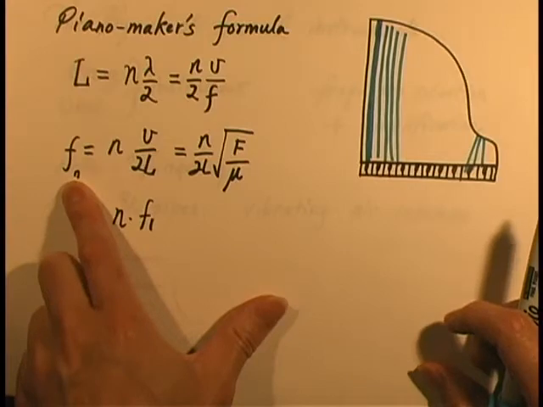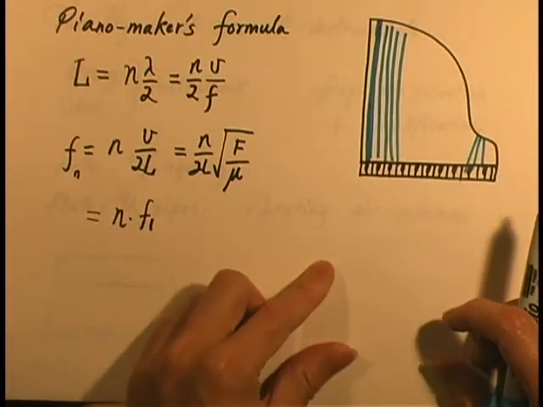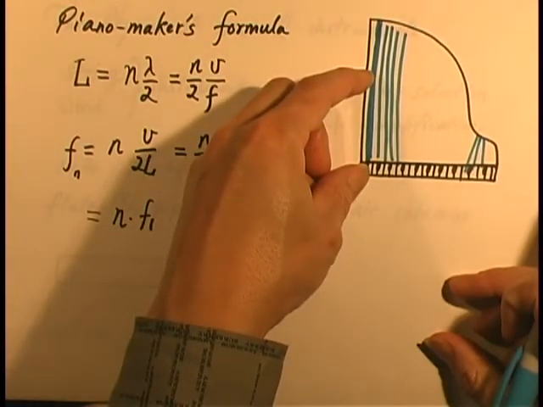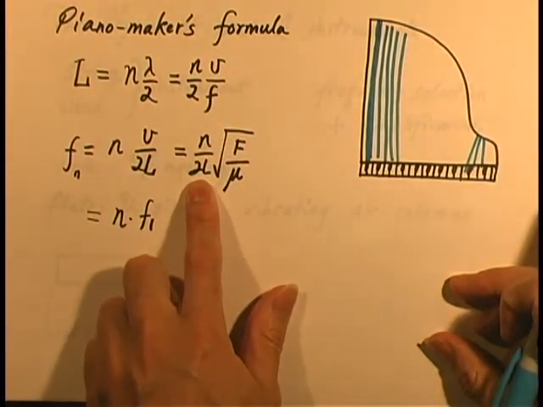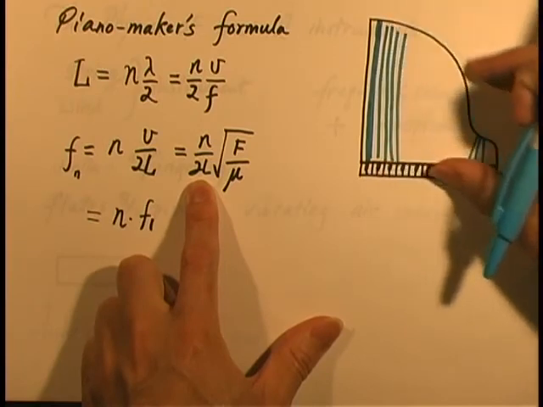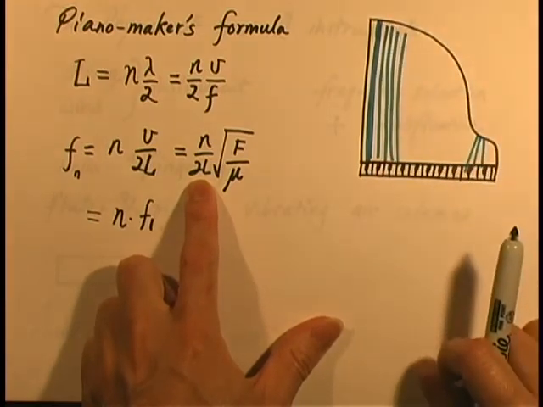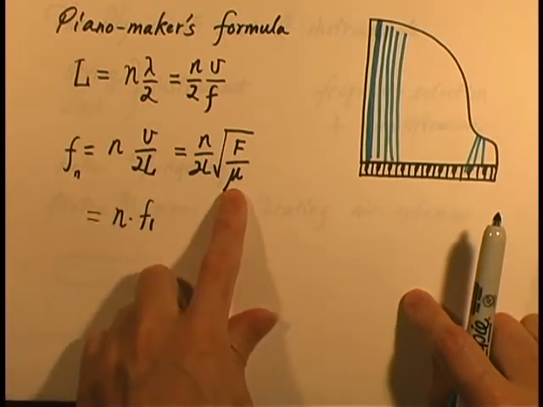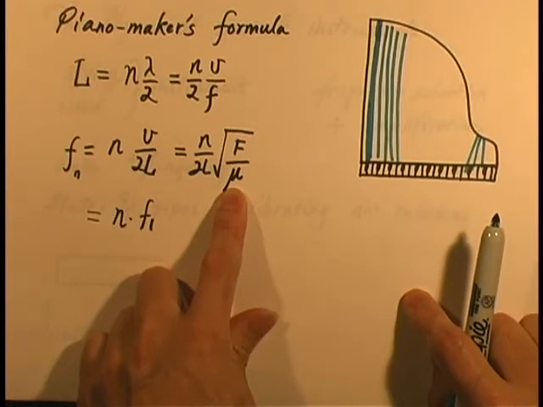This is particularly important if you want to make a compact size piano. So L is limited by the size of the piano case, so you don't have a very large L, yet you want a very low F. How do you achieve that? One thing you can do is use heavier strings with greater value of mu. That's how we adjust it.